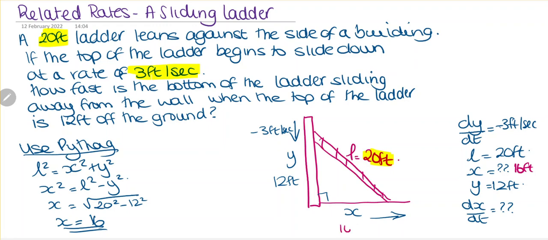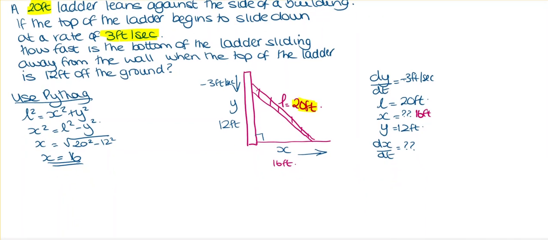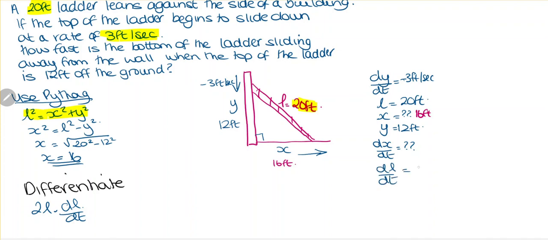So we're looking at the rate of change, our dx/dt. Okay, so let's differentiate. We need the equation, so I'm going to use the equation that we have here. So we have 2L, and because we're going to do this with implicit differentiation, we have dL/dt. The rate of change of the ladder doesn't change, so this is just 0.